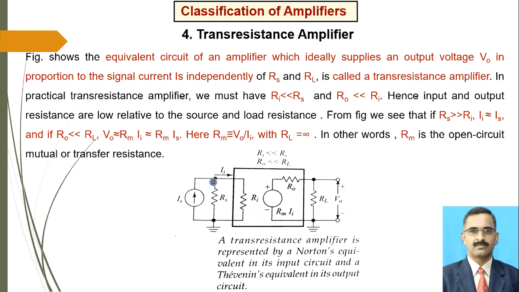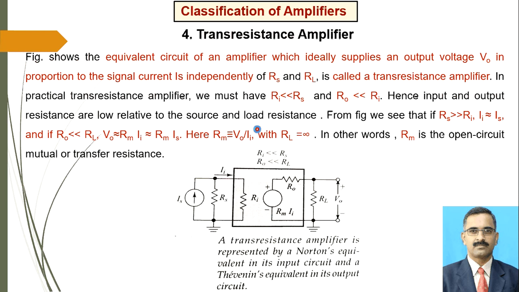Here, see what exactly is meant by Rm. Rm is the constant ratio of the output voltage V0 to the input current Ii of the amplifier, right?